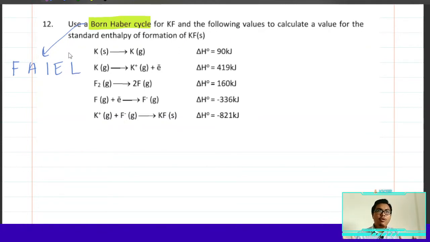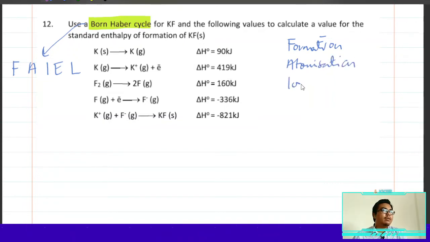So that's the flow on how you want to build a Born Haber cycle. Okay, so dia memang follow macam tu sahaja. If you fail to do this, then you will fail lah for this question. Okay, so remember that file. Okay, so tulis balik in the form of formation F. Okay, and then kita ada A, which is atomization.